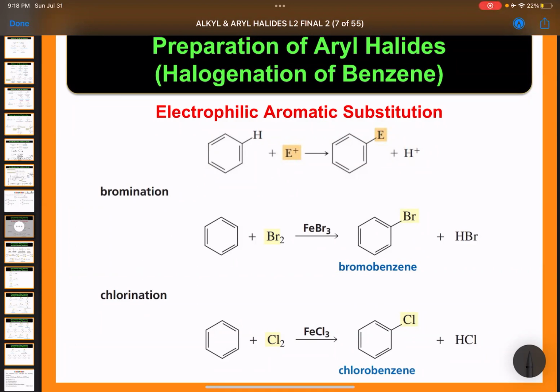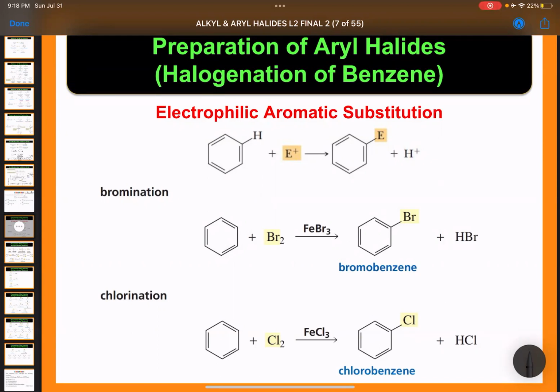You might have studied in class 11th, like benzene, naphthalene. These are the most common. In this chapter, we are mostly dealing with benzene, but that doesn't mean benzene is the only aromatic compound. Furan is an aromatic compound which has oxygen. Cyclopentadienyl anion is aromatic. Cyclopropenyl cation is aromatic. There are a lot of aromatic compounds.